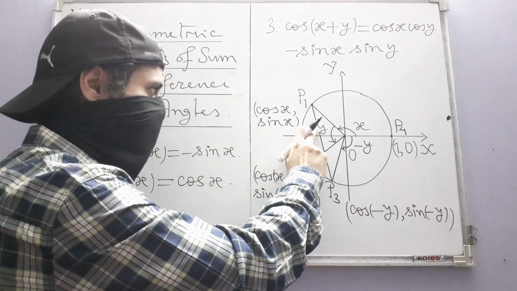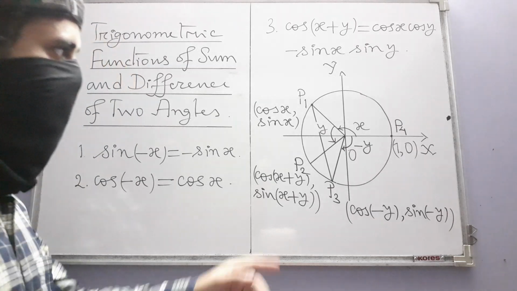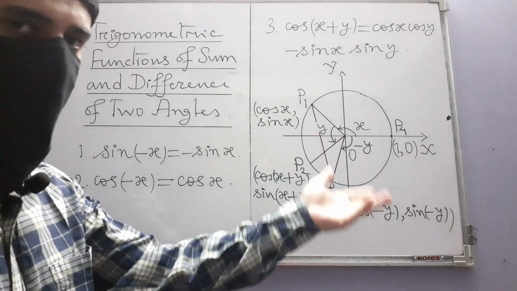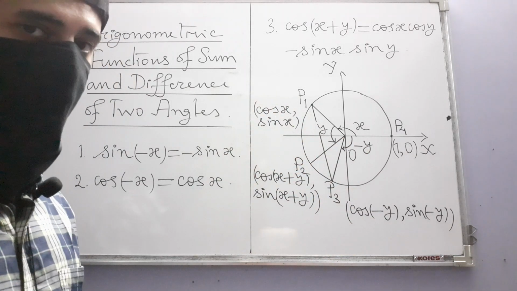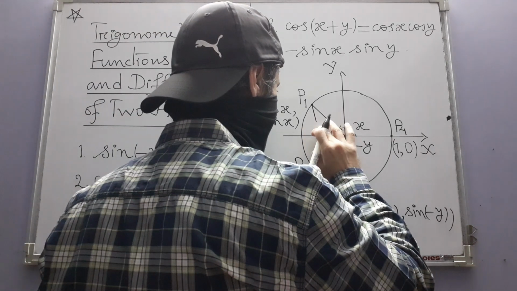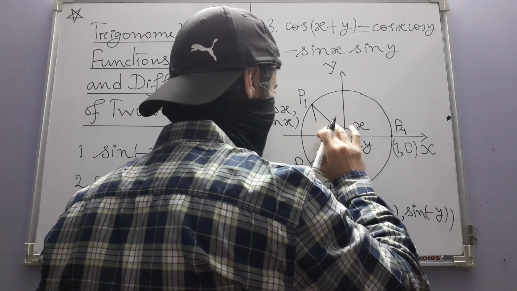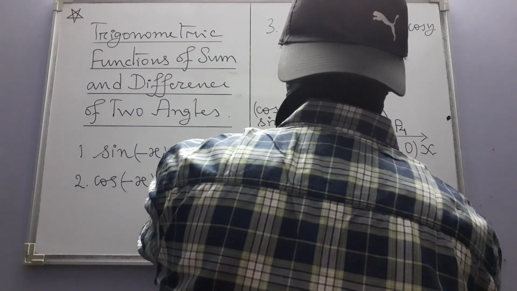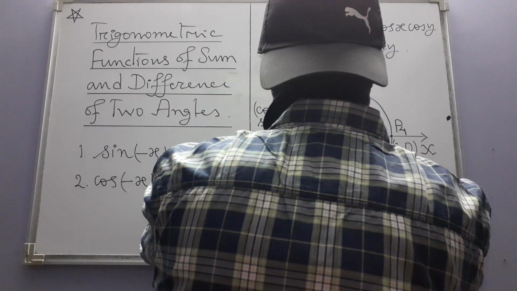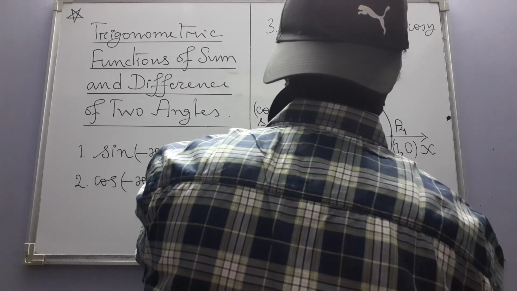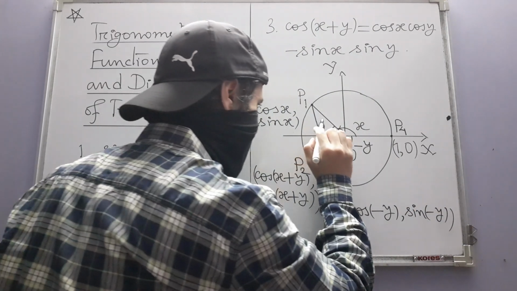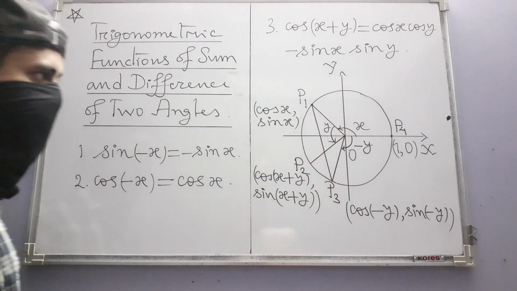I have not shown the line fully because it will interfere with this y, but you understand that it's there. Or if it looks very bad, let us write y somewhere else. Yeah, and this angle is of course y.